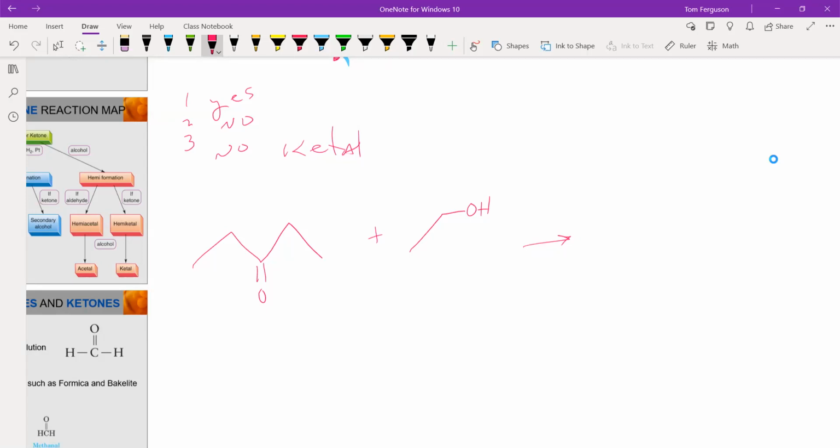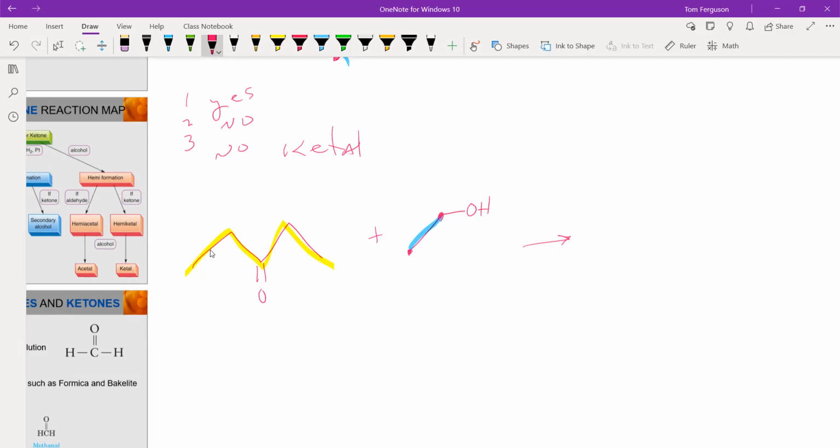Is it a keto? Yep, you start with a ketone, you make a ketal, either a hemiketal if you stop halfway, or a full ketal. Okay, so we need a backbone here. That's our backbone, and we have a 2 carbon alcohol.